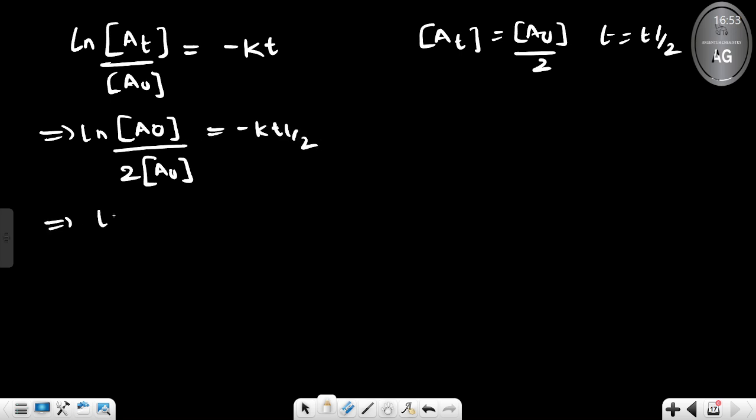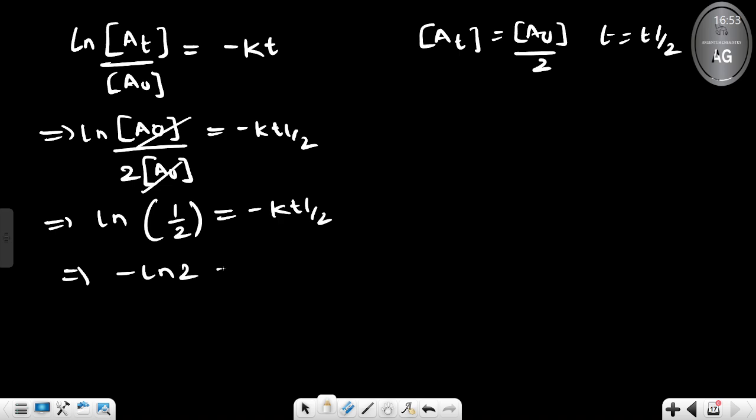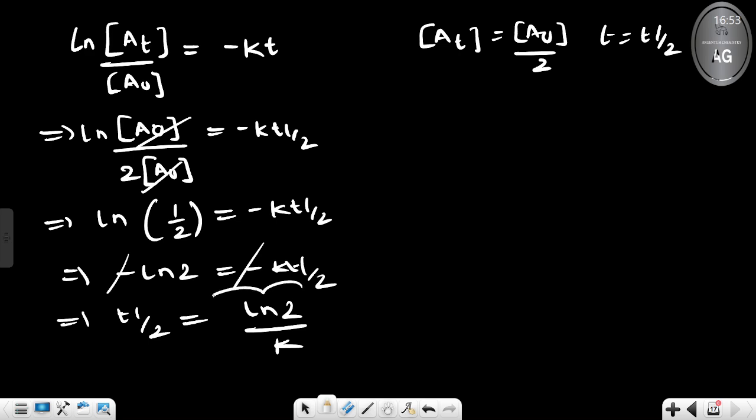So ln of 1 by 2 equal to minus k t half. I can write this as minus ln 2 equal to minus k t half. Minus minus cancel. So t half equals ln 2 by k. Very, very important, ln 2 by k.